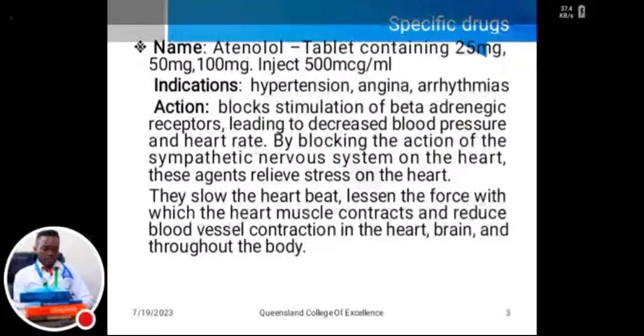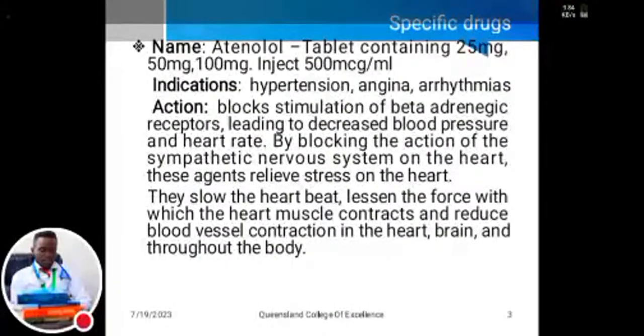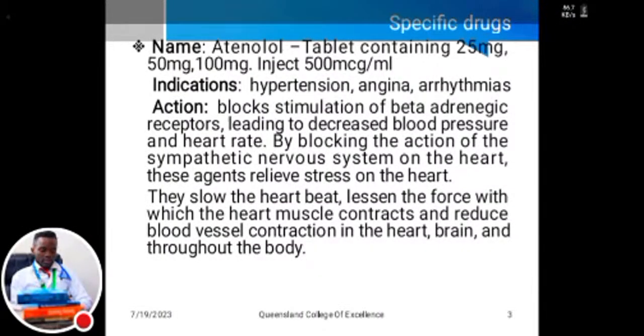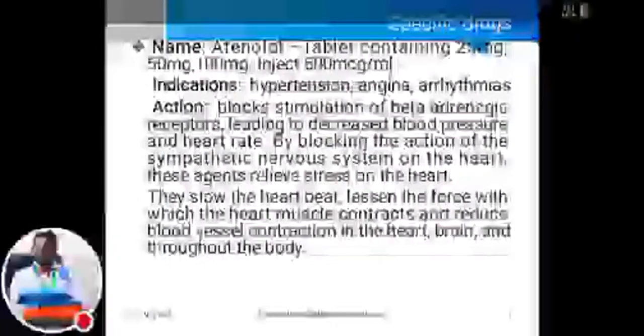It works by blocking the action of the sympathetic nervous system on the heart. You know, there are drugs that usually stimulate someone's sympathetic nervous system. Those who love drinking feel happy for a short period of time because the sympathetic nerve is activated.